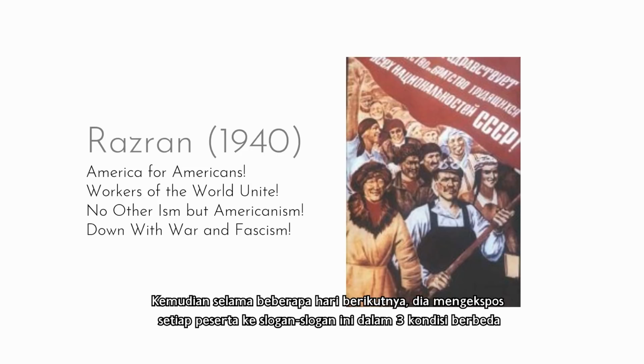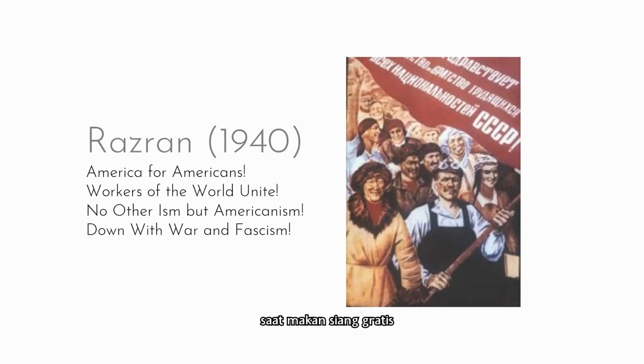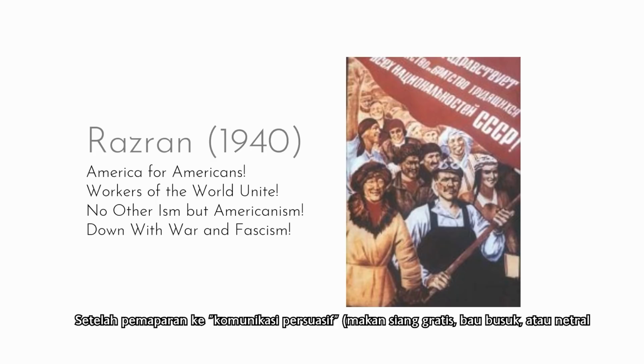Then over the next several days, he exposed each participant to these slogans under 3 different conditions, either while eating a free lunch, while smelling foul odors, or a neutral condition. After these exposures to the persuasive communication, or in other words, free lunch, foul smell, or neutral, he then had participants re-rate their attitude towards the slogans.